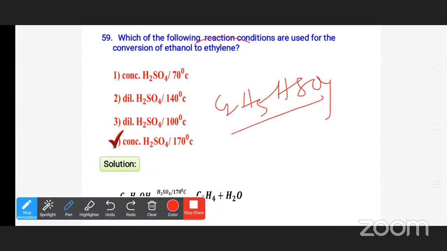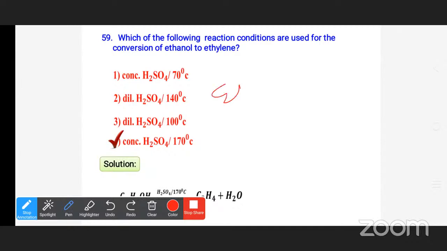So for conversion to ethylene, fourth option is the correct option. Ethyl alcohol reacts with concentrated H2SO4 at 170 degrees Celsius to form ethylene. Important: ethyl alcohol reacts with nitric acid to form ethyl nitrate. Ethyl alcohol reacts with concentrated H2SO4 at 100 to 110 degrees Celsius to form ethyl hydrogen sulfate, C2H5HSO4.